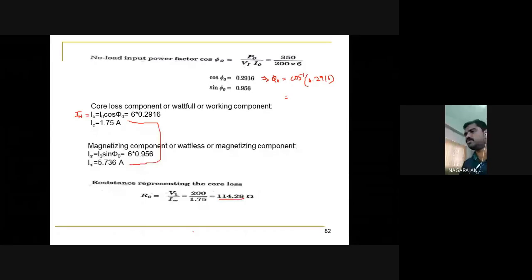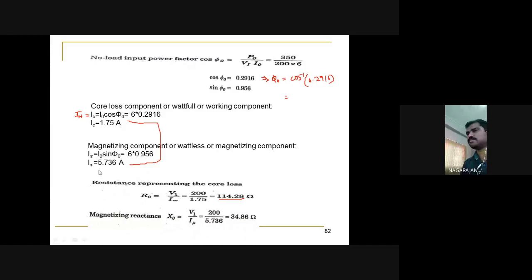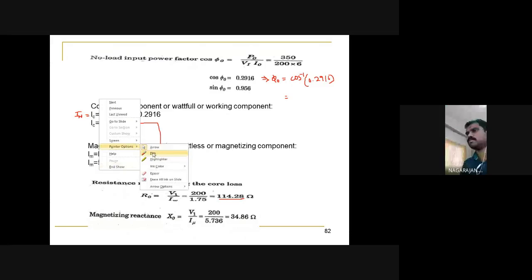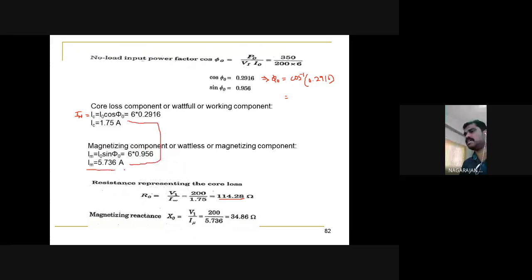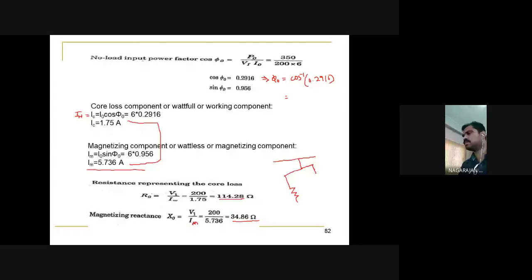Similarly, X naught is equal to V1 divided by the magnetizing current. V1 is 200 and the magnetizing current, here mentioned as I mu, I'll put as IM. 200 divided by 5.736 is 34.86 ohms. So from the equivalent circuit, this branch I have completed. The center branch, which represents the core loss of the transformer, is completed.